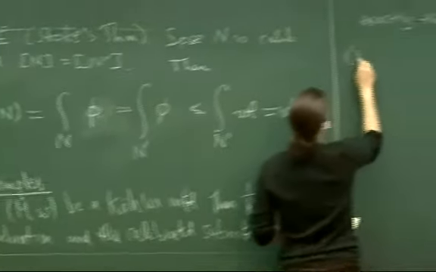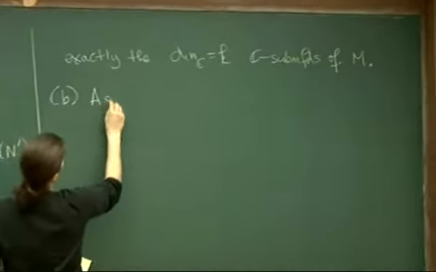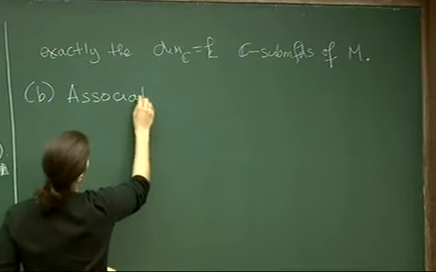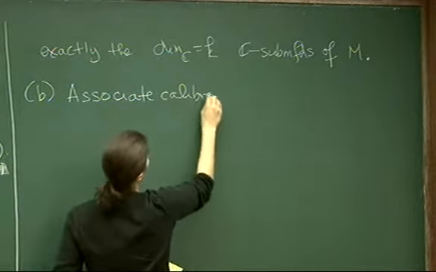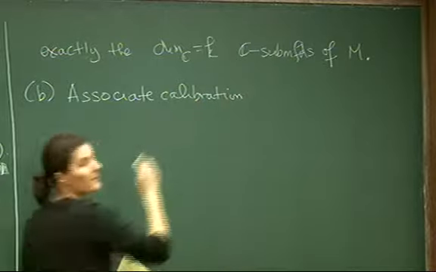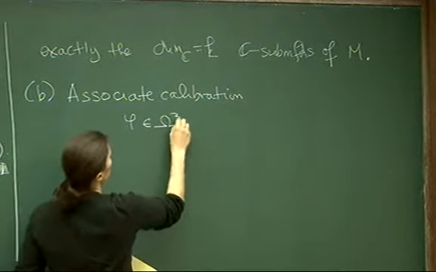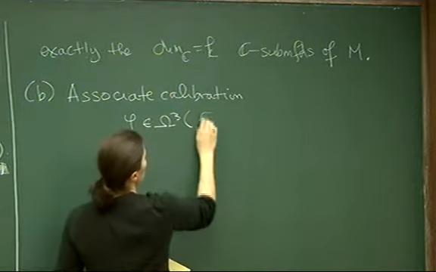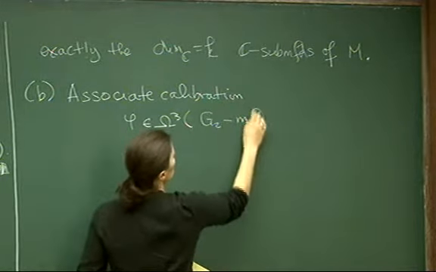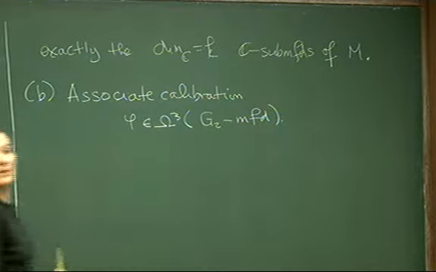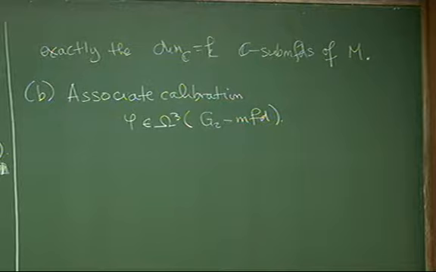And I'll be talking about the associative calibration. I won't give you the explicit formula for it right now, but I will in a moment. And this is a 3-form phi that we can define on any G2 manifold. So any 7-dimensional manifold that admits a torsion-free G2 structure.